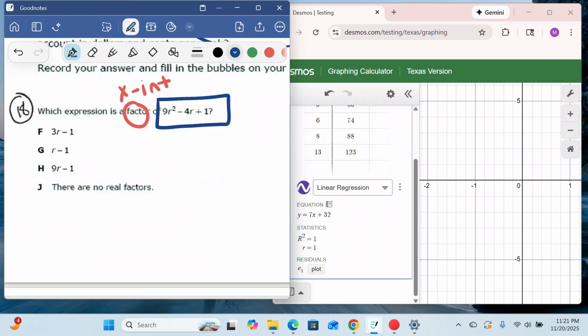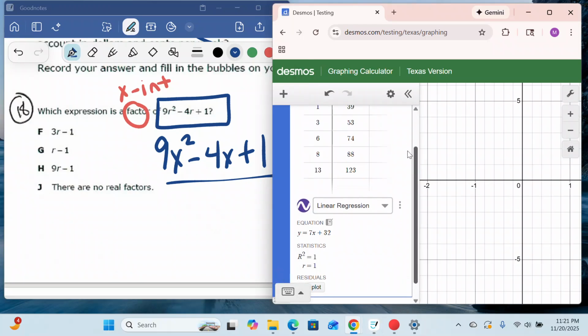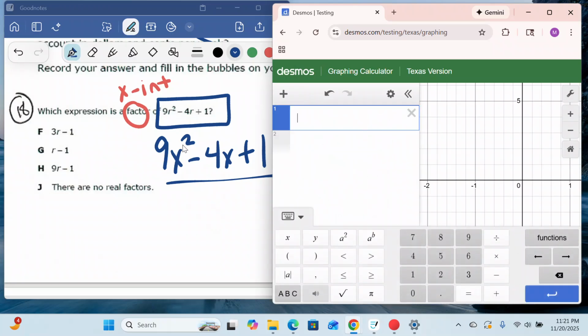There's no r's, there's no y's. The best course of action is just to rewrite it with an x squared. So that would be 9x squared minus 4x plus 1. Whether it be an M, an A, or a B, you can always rewrite them as x's. That makes Desmos do the work, and it makes it a lot easier for us.